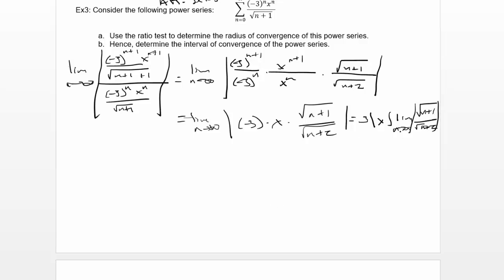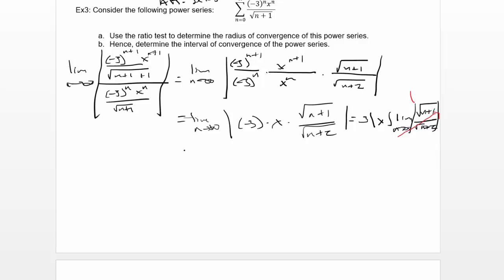This limit, if you're not quite sure what it evaluates to, you could make this one big square root of n plus 1 over n plus 2. You could divide each individual term by n, and you'd find pretty quickly that this limit tends to 1.